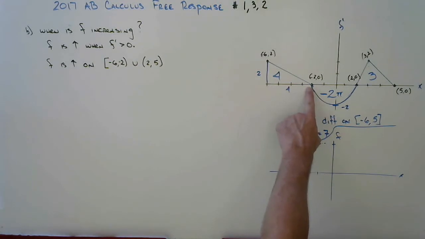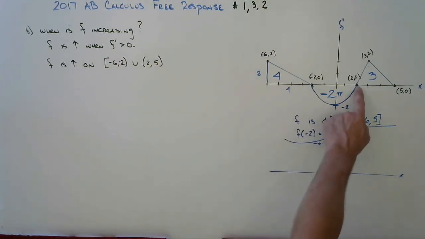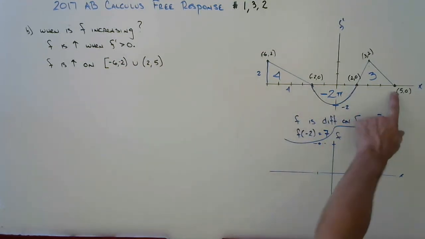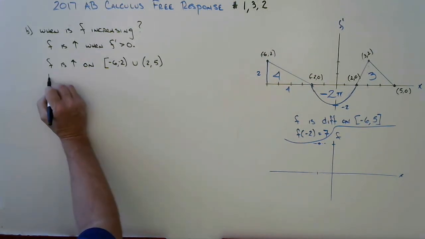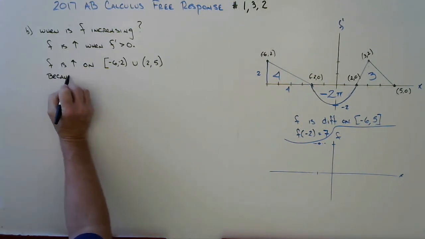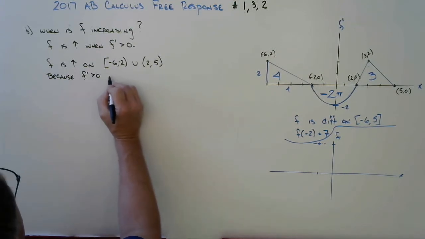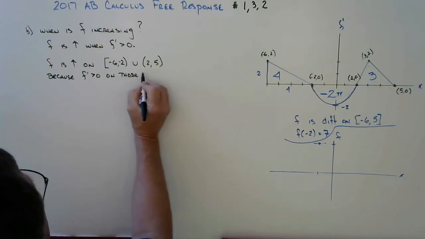At -2, my derivative is 0. That's not greater than 0. At 2, my derivative is 0. That's not greater than 0. At 5, my derivative is 0. So this is where we're increasing. And it said justify your answers because f prime is greater than 0 on those intervals.